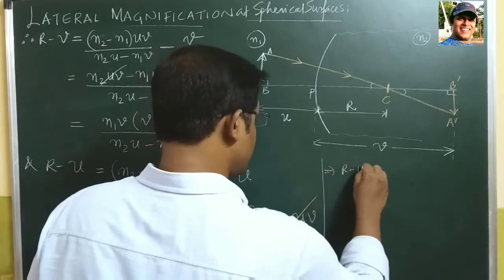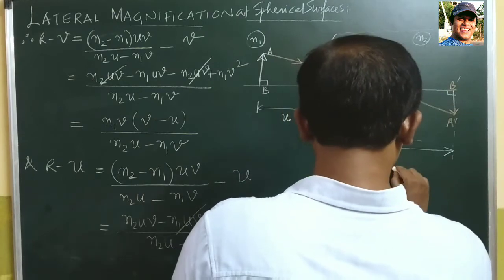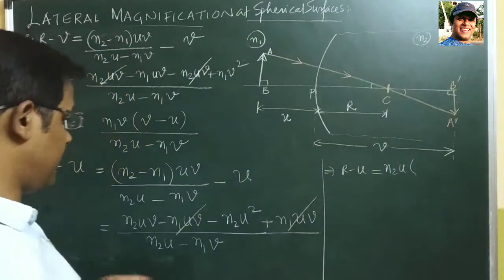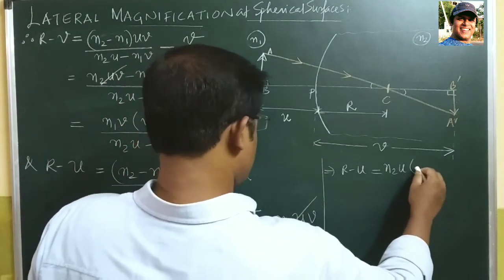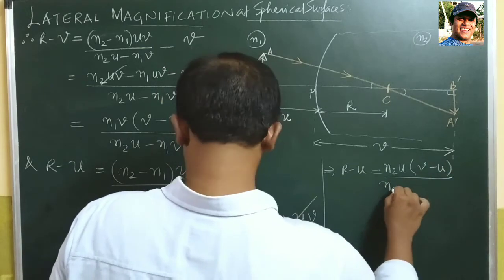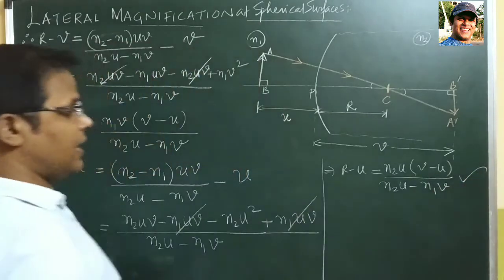So R minus U comes out to be N2U, N2U is common. Can you see it? Okay, I'm jamming up. N2U is equals to V minus U by N2U minus N1V. So that's it.